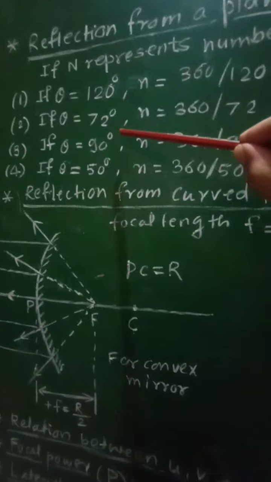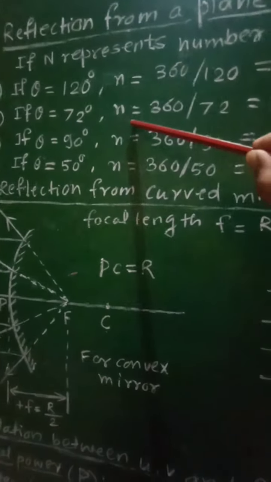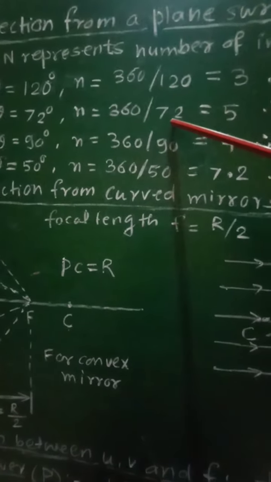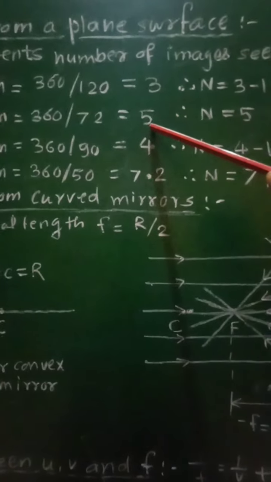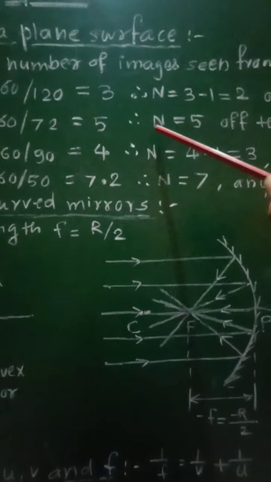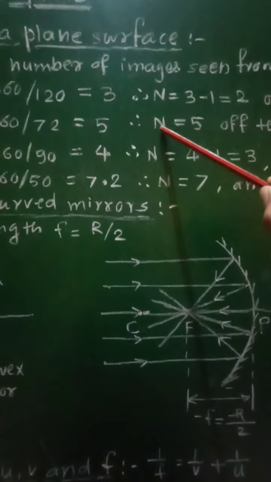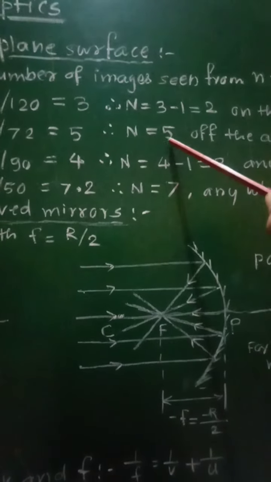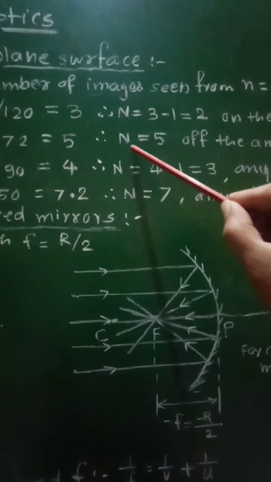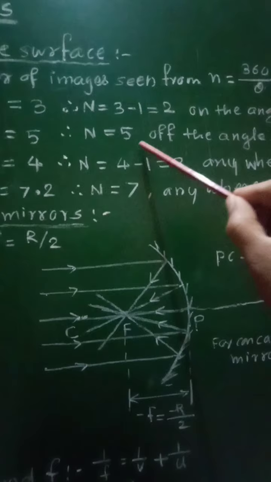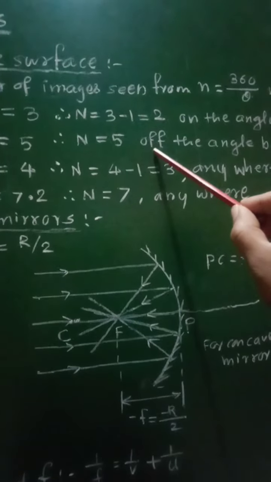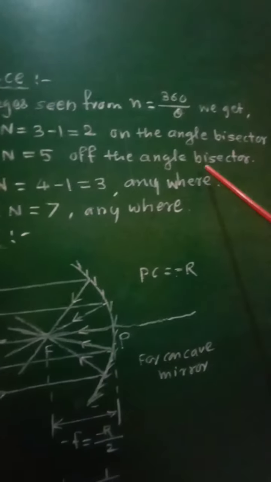If theta is equal to 72 degrees, n will be equal to 360 upon 72, that will be equal to 5, and therefore the number of images seen will be equal to the number of images formed, that is n is equal to 5, but in this case the object will be off the angle bisector.